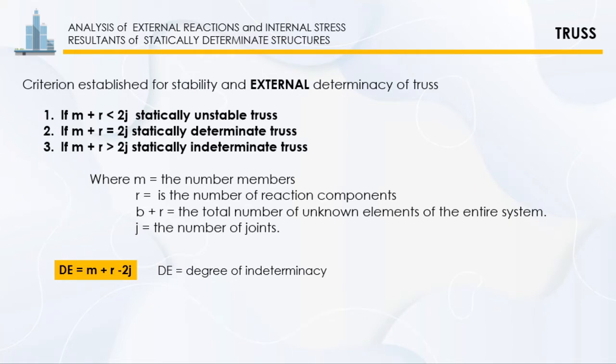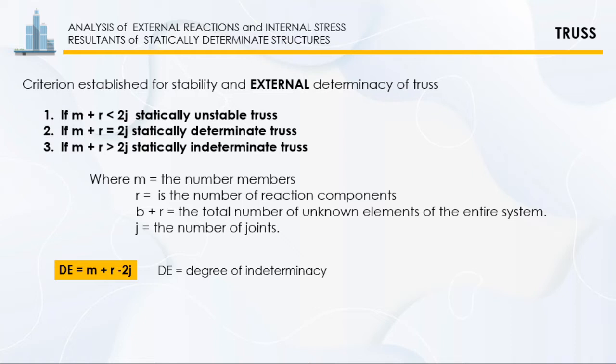Now, here's the criteria for static determinacy. Indeterminacy and instability of general plane trusses containing M members and J joints and supported by R, which is the number of external reactions. For the analysis, we need to determine M, the member forces, and R, external reactions.